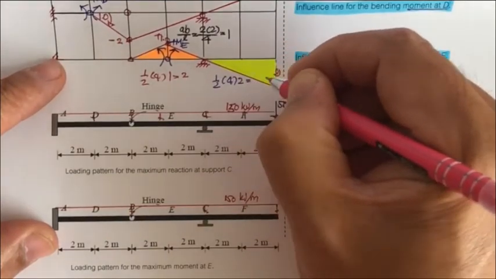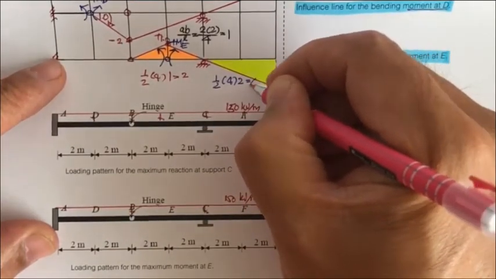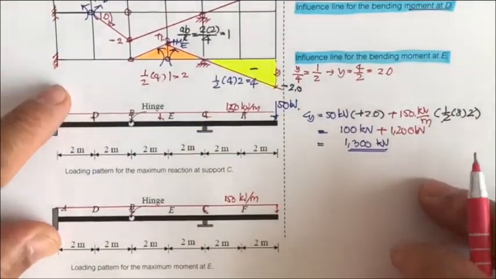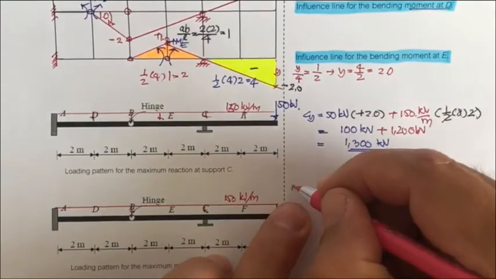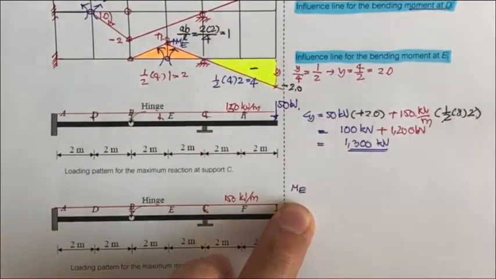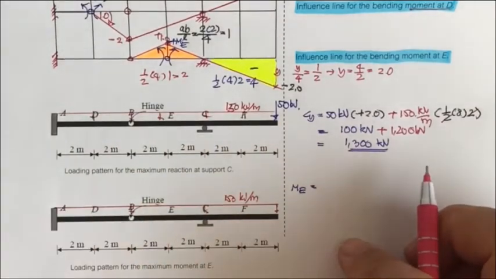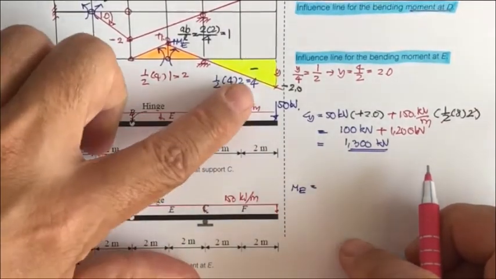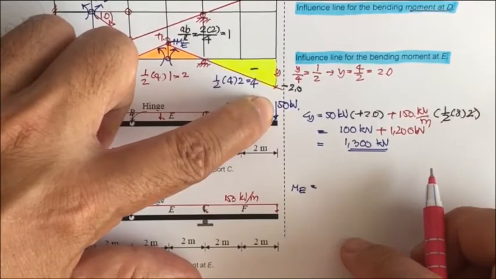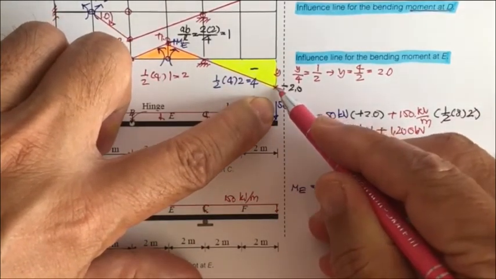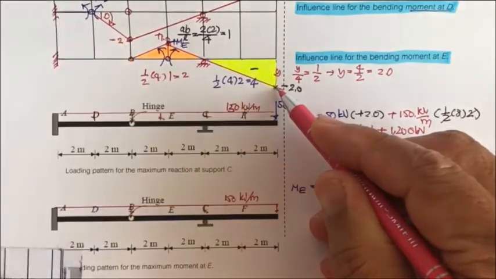So this one is going to be 4. So the negative area, the yellow area, is going to produce maximum influence for M sub E. Okay, so what we should do is put this 50 kilonewton at the largest coordinate of this yellow area.